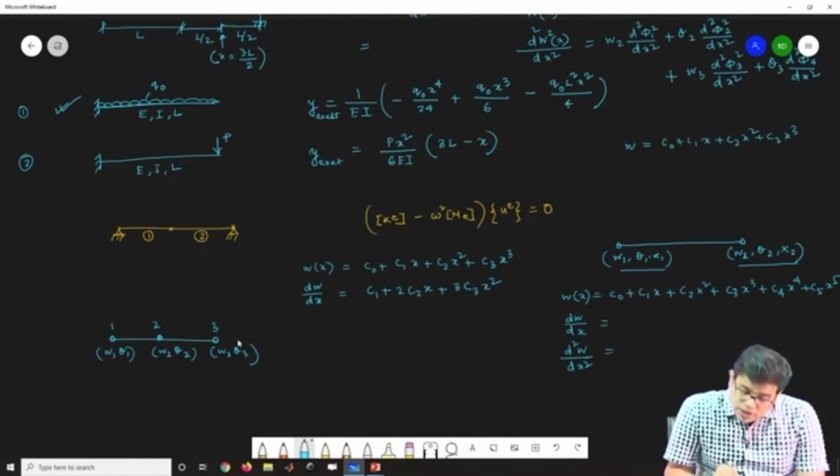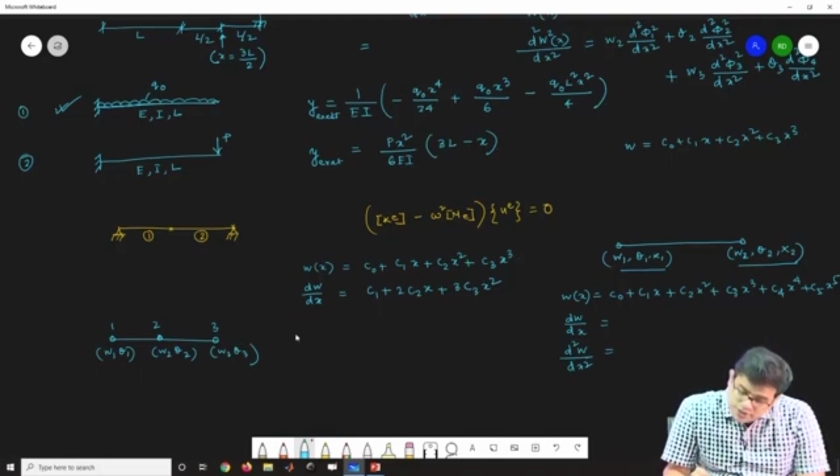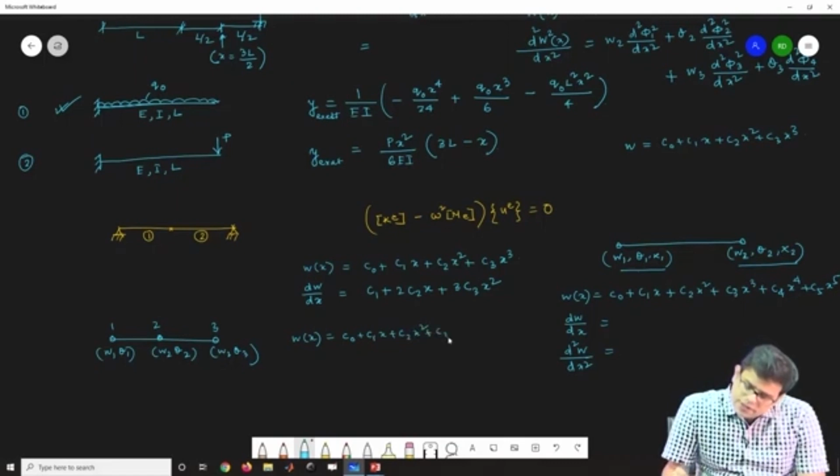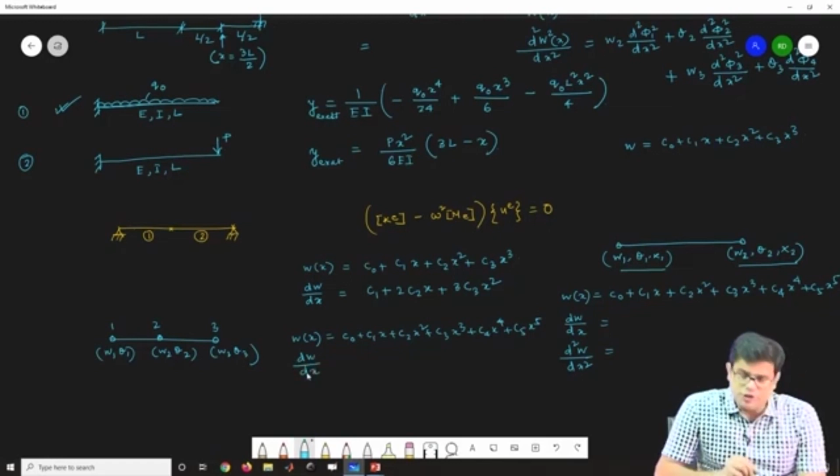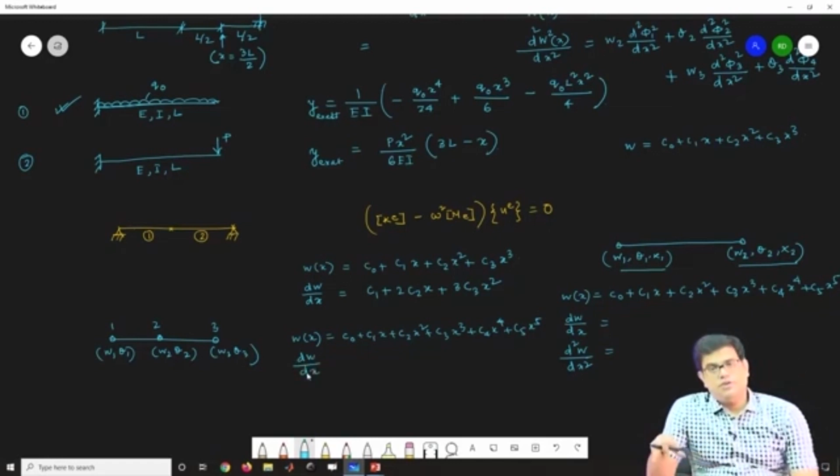So 6 such generalized displacements. So I will use the same shape functions, that is c0 plus c1x plus c2x square plus c3x cube plus c4x to the power 4 and c5x to the power 5. Here I will satisfy only the first derivative continuity, not the curvature continuity.